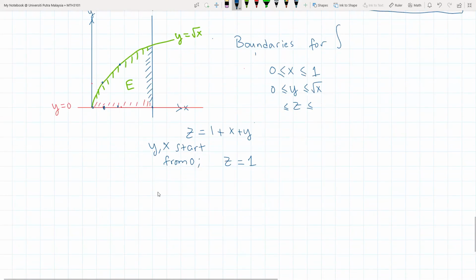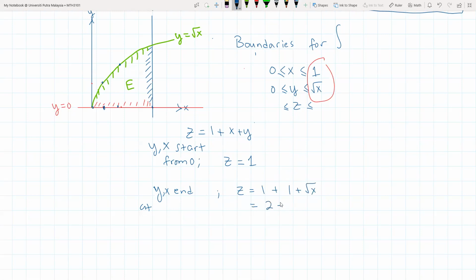And then when x and y end at 1 and square root of x, you can see that z equals to 1 plus this one. So that will be 1 plus 1 plus square root of x, which equals 2 plus square root of x. So z starts from 1 until 2 plus square root of x.